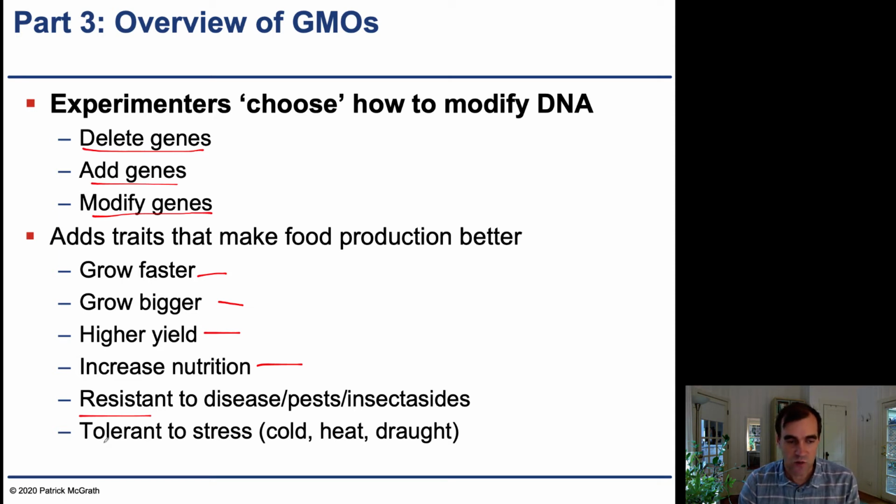And so we can now start to engineer plants to be more tolerant to changes in climate, either in heat or potentially cold or drought, so lack of water. This is also powerful to be able to expand where we can grow crops.